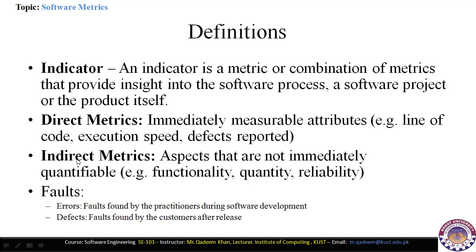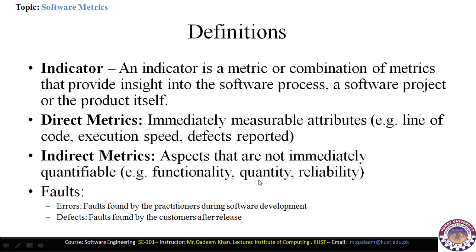On the other hand, indirect metrics are those measurements that are not immediately quantifiable. For example, functionalities. We can count the number of functionalities, but here we cannot count the complexity of the functionality.